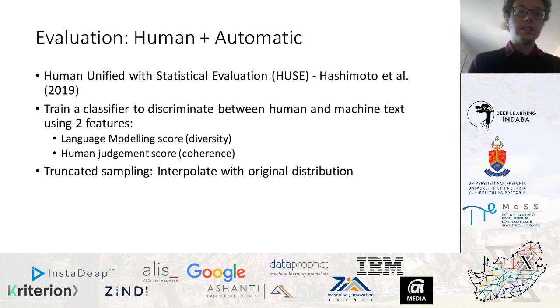The better the system, the harder this discrimination task should be. The caveat of this evaluation is that for truncated sampling, we need to interpolate the truncated distribution with the original distribution to get valid HUSE scores, otherwise there are some zero probabilities.